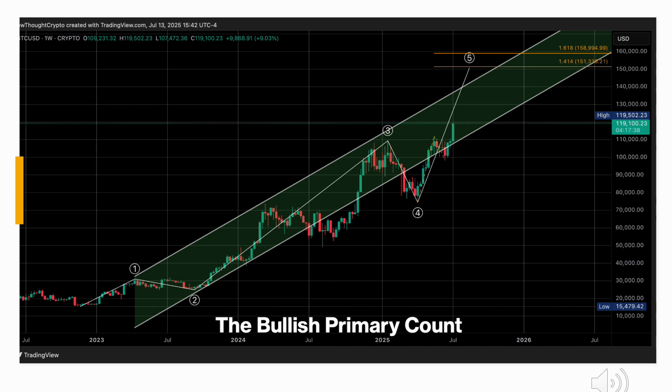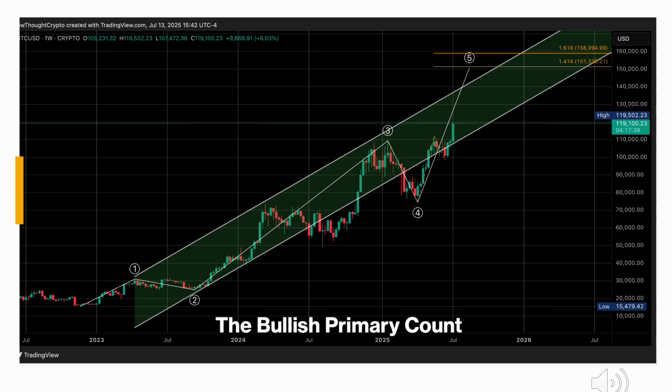Option B, bullish. According to this count, Bitcoin had a very extended wave 3, which ended in December 2024 at $109,400. It then proceeded to make a wave 4 correction, which ended in April 2025 at approximately $74,000.